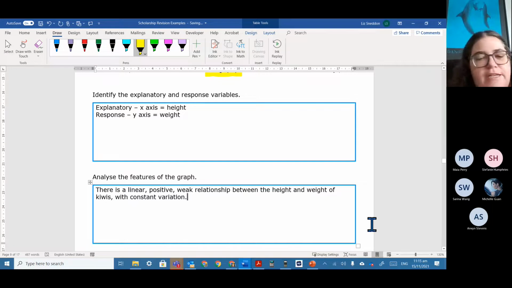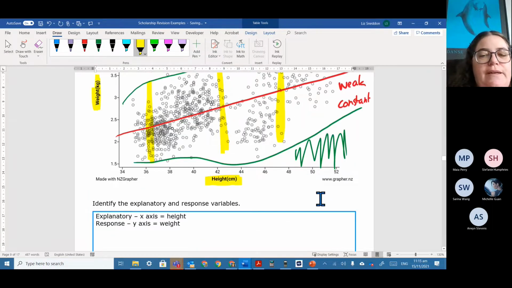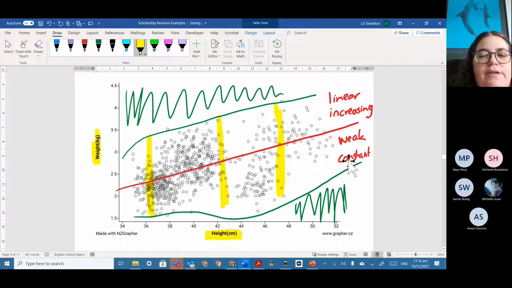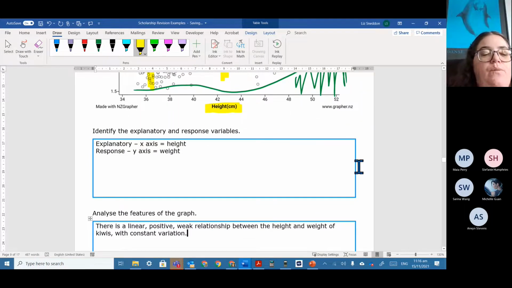So one sentence, and I just throw everything into that one sentence, all of those features. Linear, increasing, weak, constant, just throw them all into a sentence and make sure it's in context. So it says that it's between the height and weight of kiwis. Here's my context.